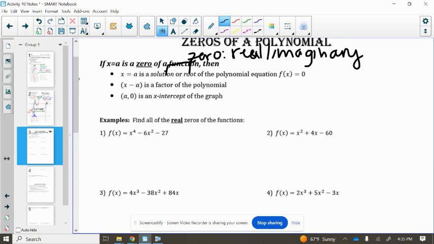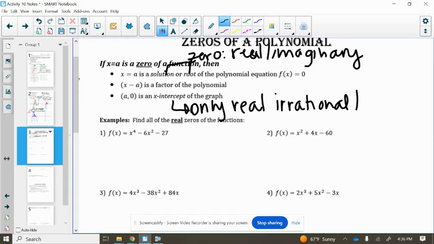Oftentimes that's what we're setting equal to 0 to find our ultimate zeros, or the x-intercepts that are the points on our graph. Now our x-intercepts are only the reals because these are only the ones that we see. They can be either irrational or rational, but these are only going to be the real ones that we see on our graph.